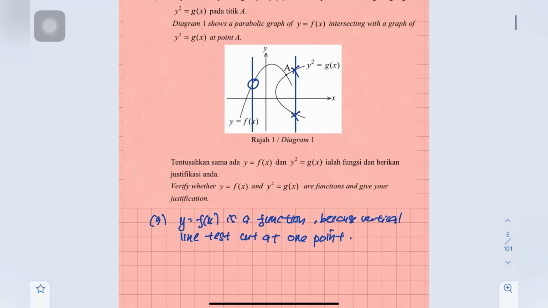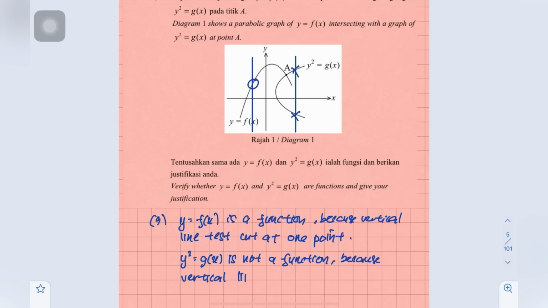Okay, so then another one, y squared equals g(x) is not a function because the vertical line test cuts at 2 points.